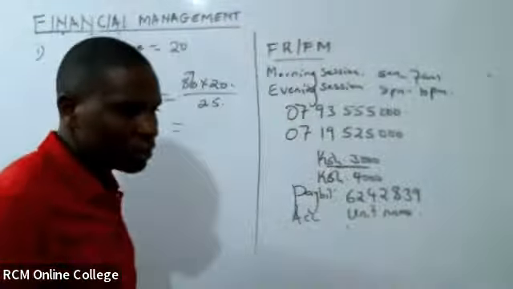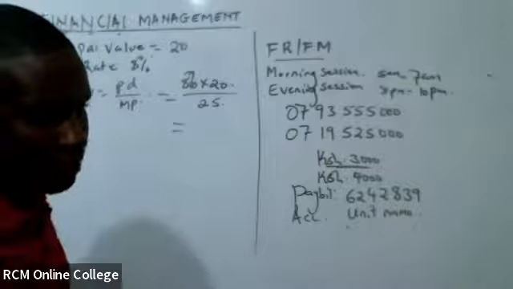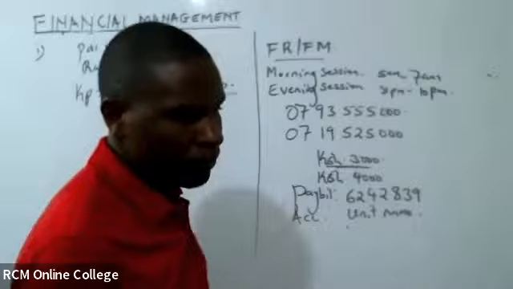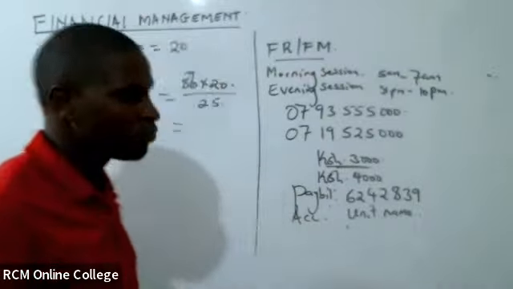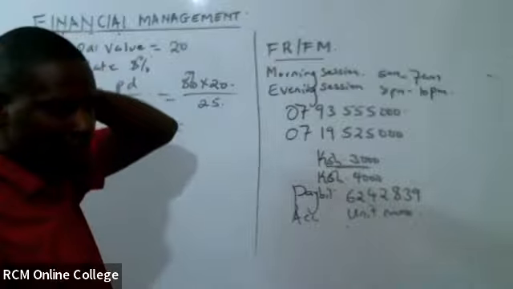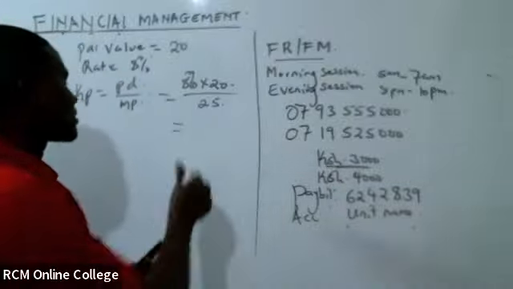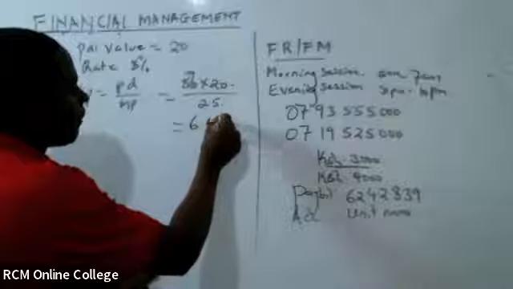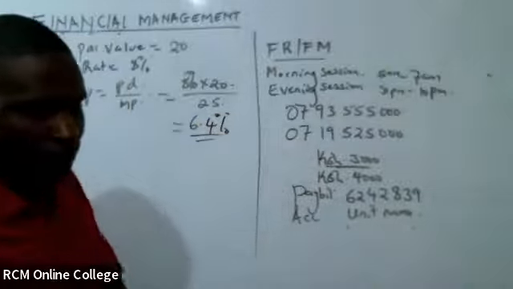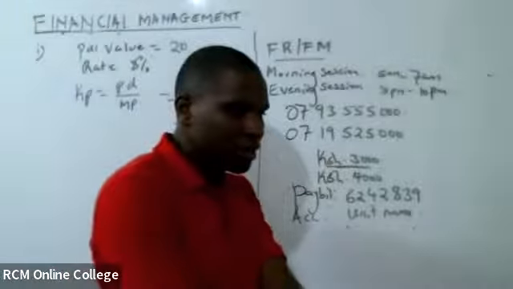So Shiro, Robinson, can you now confirm whether you're getting 6.4? So 8% of 20 divided by that. Great. 6.4%. Good.